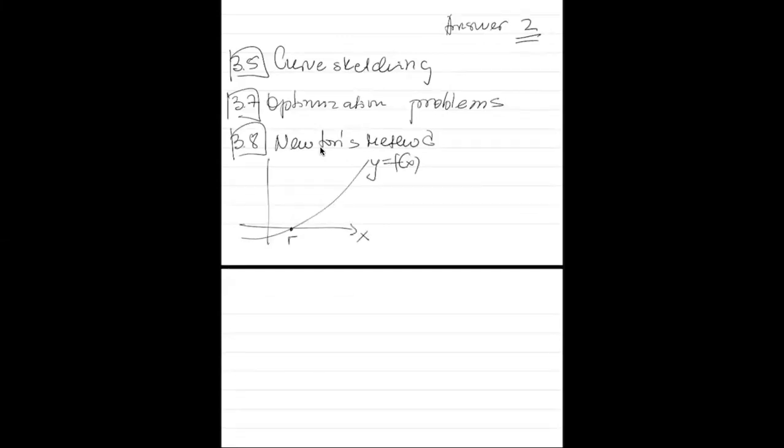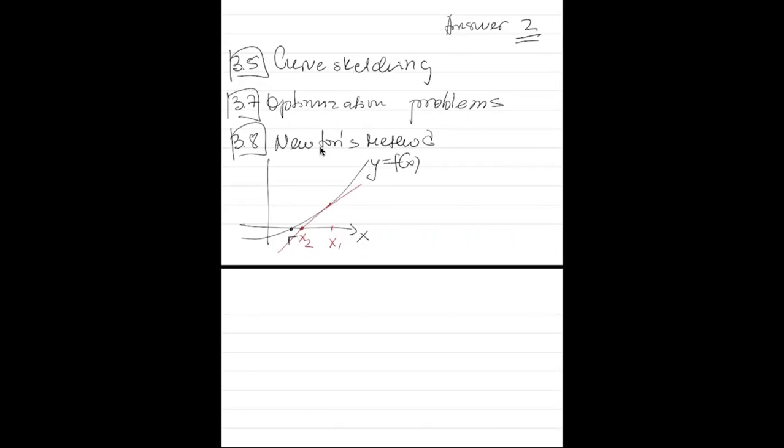We try to approximate r, but we can't find it exactly. So what we do, we start with x1, our first approximation, which is either given or you have to guess it, and then we do the tangent here, and where that tangent intersects the x-axis, that's our x2, second approximation.